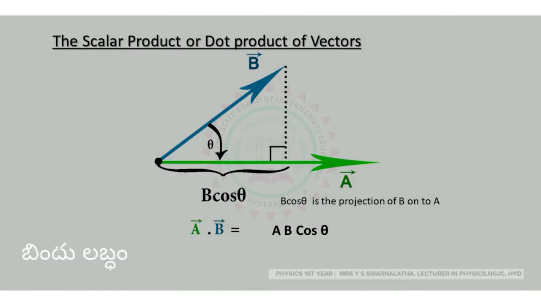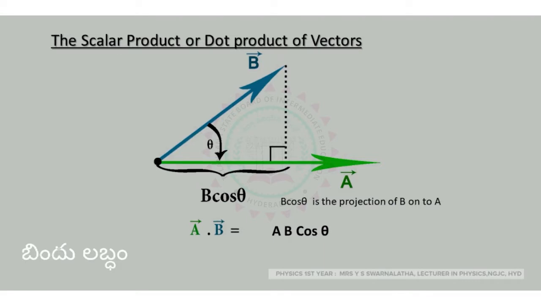ఇక్కడ మనం A bar మరియు B bar అనే రెండు సదిశలు తీసుకుంటే వాటి బిందు లబ్ధం మనం ఎలా రాసుకోవచ్చు అంటే B bar యొక్క విక్షేపం A సదిశ దిశలో B cos theta మరియు A సదిశ యొక్క పరిమాణం A. సో ఈ రెండు మల్టిప్లై చేస్తే మనకి బిందు లబ్ధం వస్తుంది.